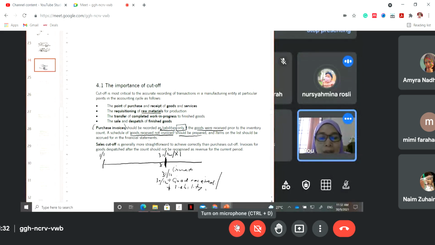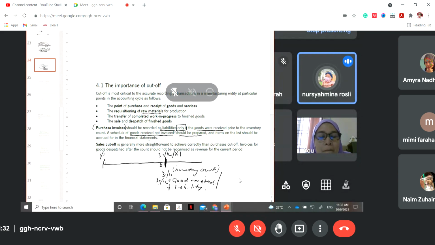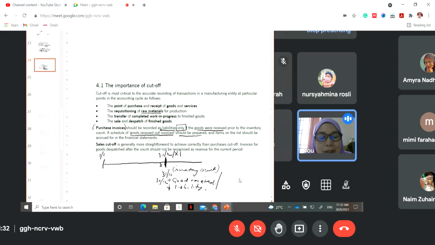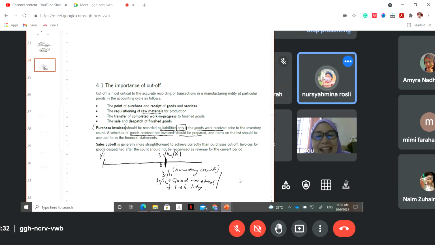Kita tak nak kira dia sebab dia tak dapat invoice lagi. Betul. Kita tak nak kira ke macam mana? Madam ulang balik boleh.